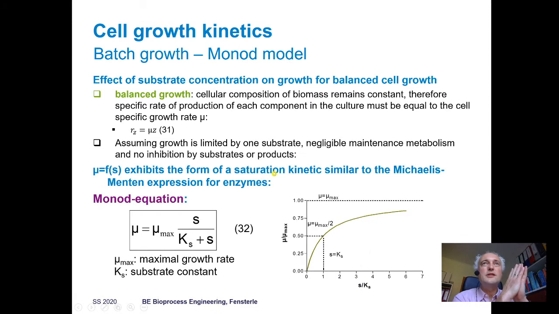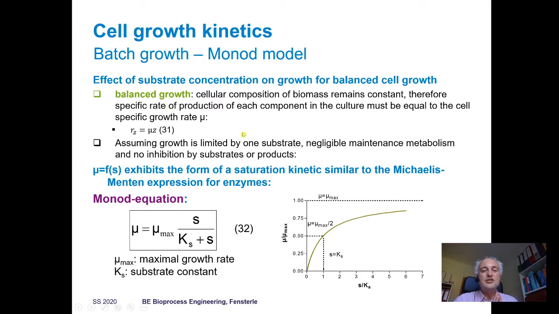Now, what is important is we always say mu max is in the exponential phase in batch culture, we are at a constant specific growth rate, and it is mu max. But where does it come from? Now this comes from the Monod model, and the Monod model is a model assuming balanced growth, that the cellular composition of biomass remains constant, and the specific rate of production of each component in the culture must be equal to the specific growth rate mu, giving this equation.